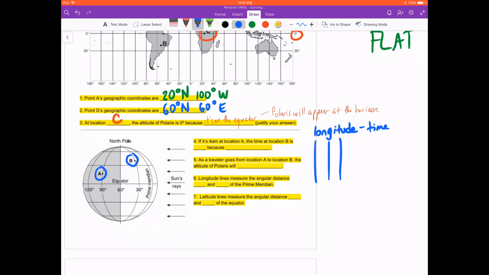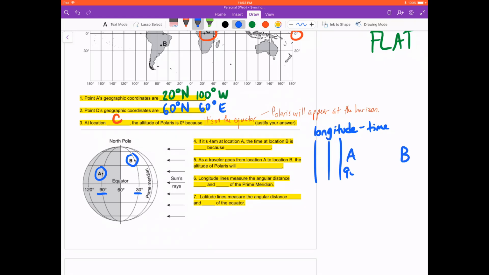So we figure out the longitude of A, which is 90, and the longitude of B, which is 30.